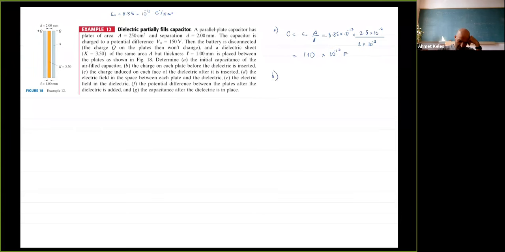What is B? Let me read it again. The charge on each plate before the dielectric is inserted.